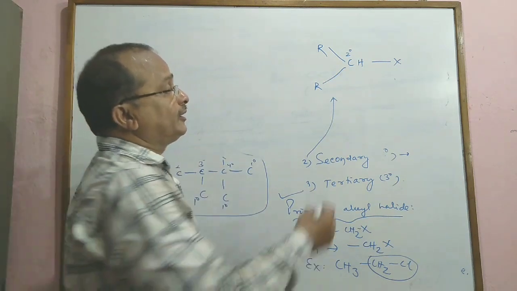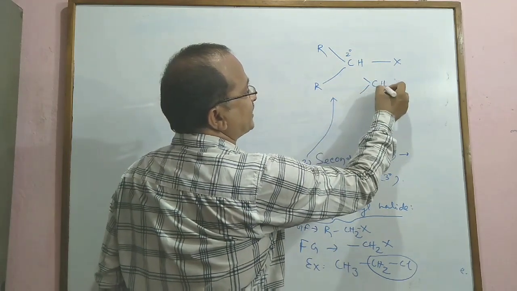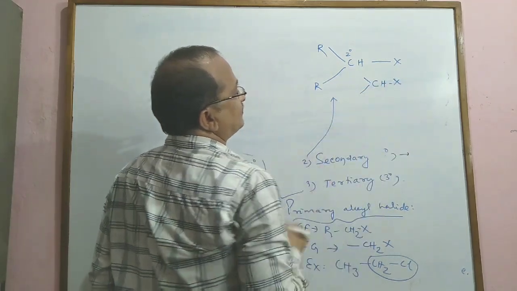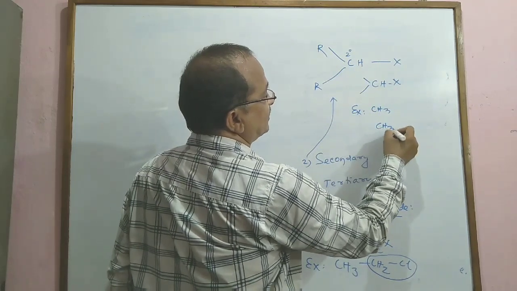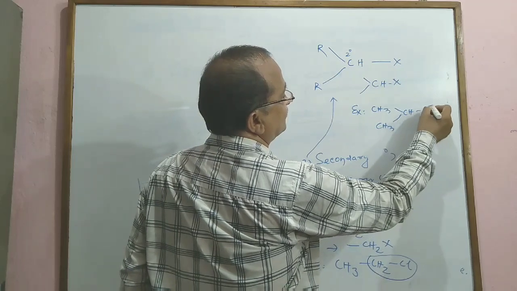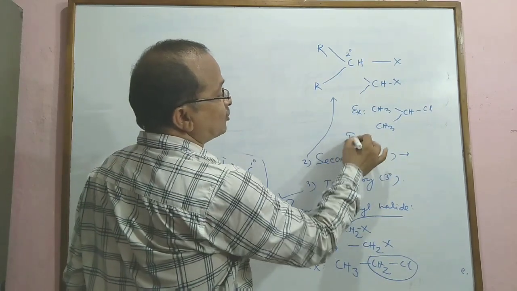So its characteristic group is CHX. Example, CH3CHClCH3. Its name is isopropyl chloride.